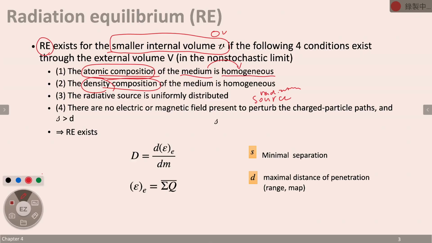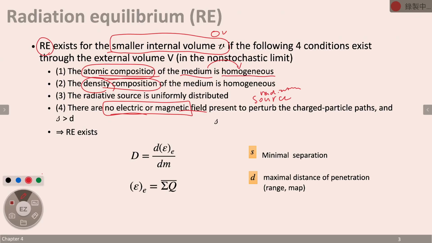And the fourth one is no electric or magnetic field present, because the field will influence the charged particle direction. So no field present.